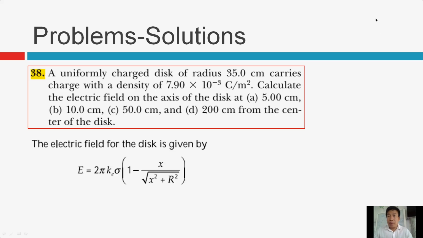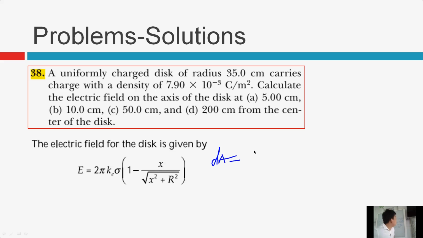I will summarize what I wrote on the whiteboard here, so it's easy for you to check.